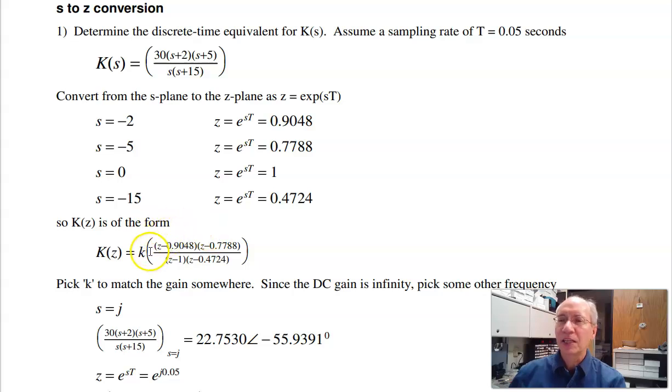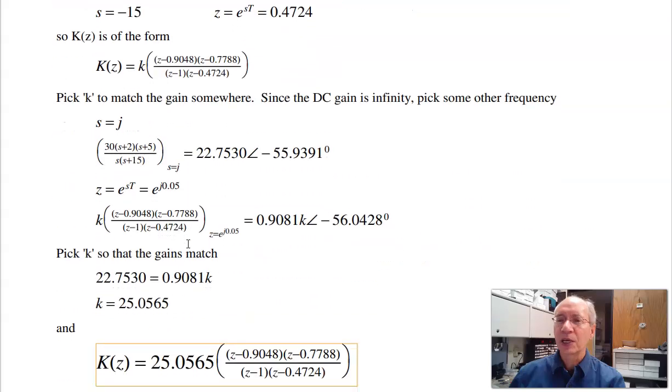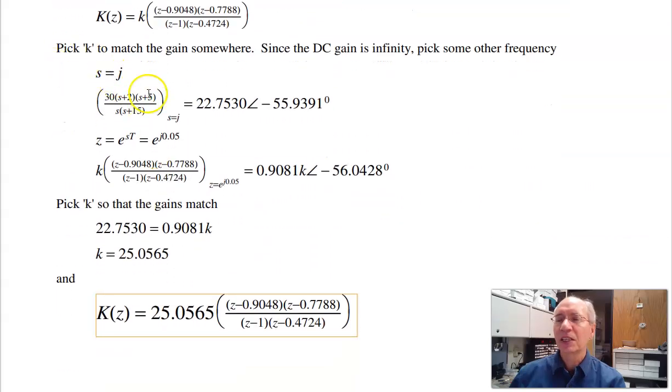To find K, match the gain at some frequency. Now typically we use DC, but at DC I get infinity, and saying that infinity equals K times infinity, solve for K doesn't really help. So pick some frequency other than 0. So here I picked j, 1 radian per second. The gain of K of S at s equals j is 22.75.